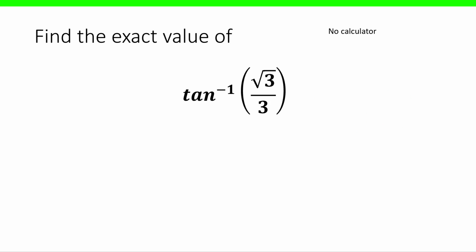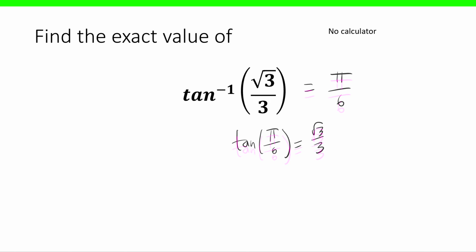All right, tangent of what angle gives me positive root 3 divided by 3? Now remember, tangent of 30 degree and 60 degree angles is either root 3 or root 3 over 3. It's the 30 degree angles, the pi over 6's, that give me the root 3 over 3. So this is just positive pi over 6. Another way to think of this is that the tangent of pi over 6 is equal to positive root 3 over 3.